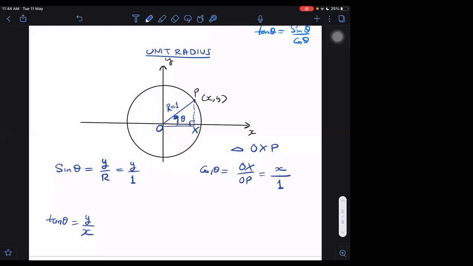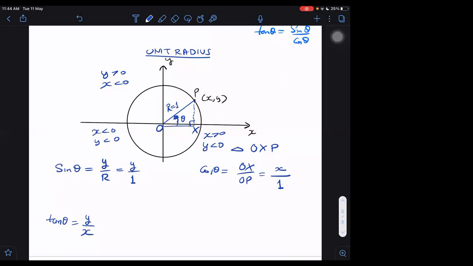So in general, we know in the second quadrant, x will be negative, but y will be positive. In the third quadrant, both are negative. In the fourth quadrant, x is positive, but y is negative.